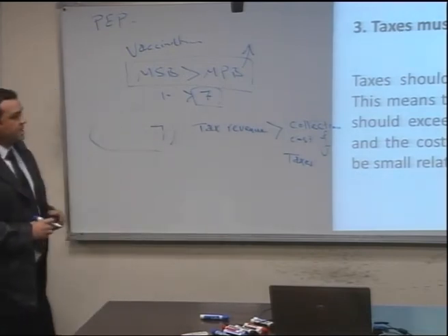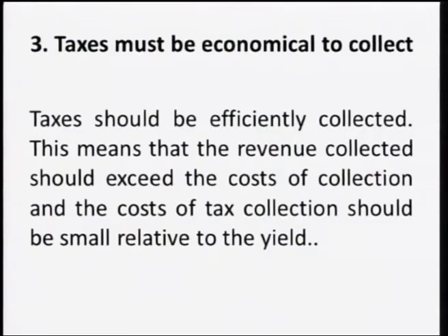This means that taxes should be efficiently collected: the revenue collected should exceed the cost of collection, and as you see, the cost of tax collection should be small relative to the yield. Okay?